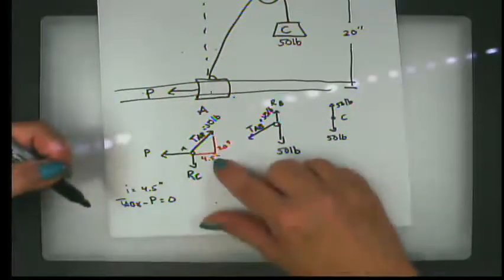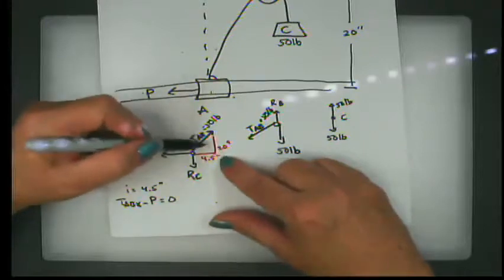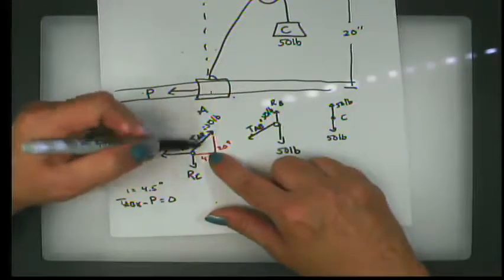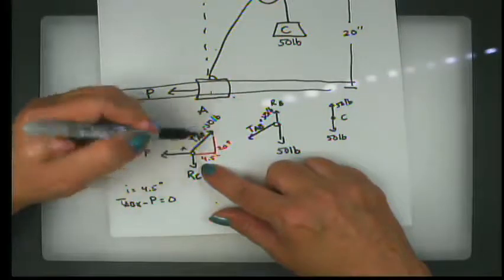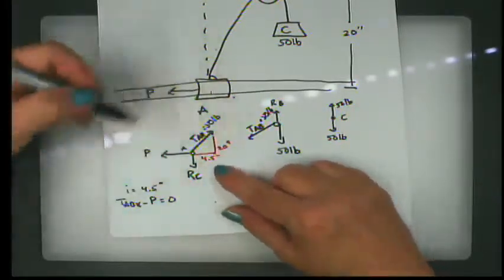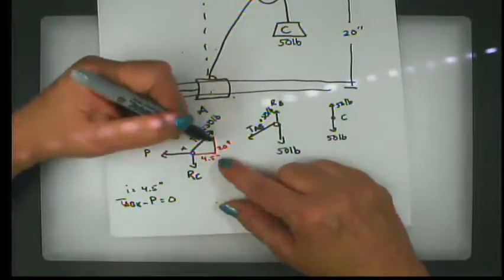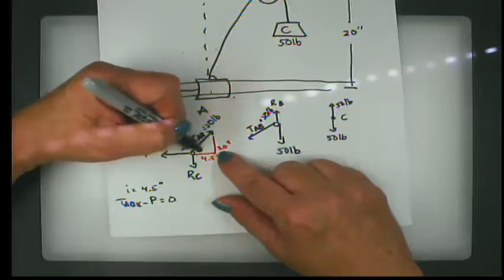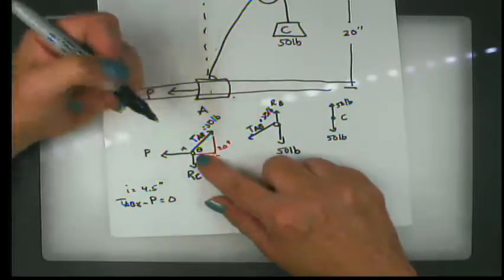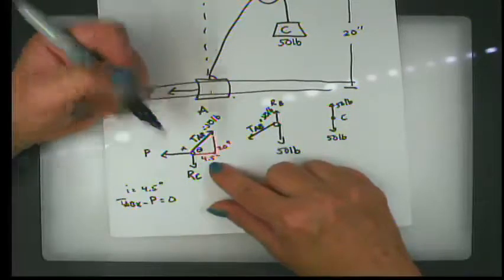So what is TAB in the x direction? Well, in case I, if this is TAB, I want the piece in the x direction. And so we can construct a triangle. I'm going to do this the long way. Basically, if this is 20 and this is 4.5, this angle theta, the tangent of theta is the opposite over the adjacent.